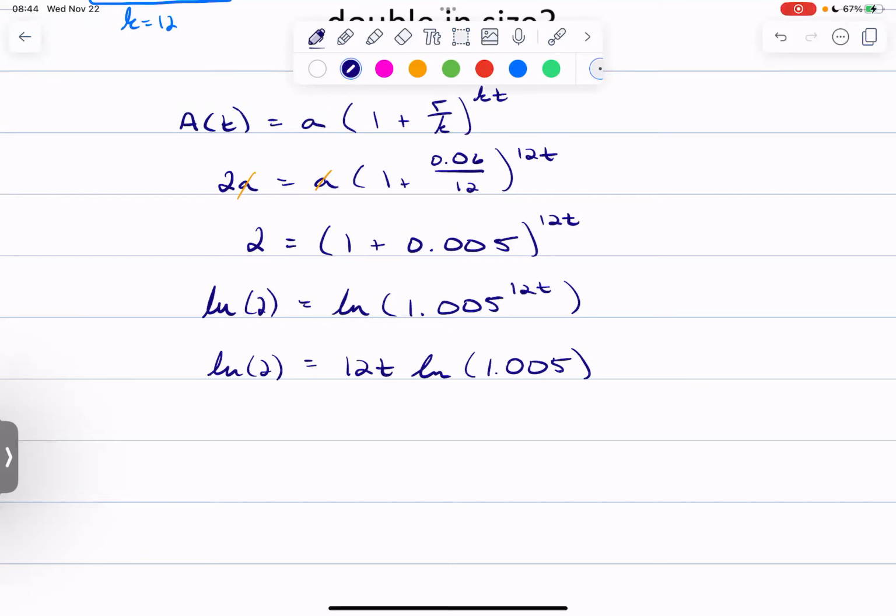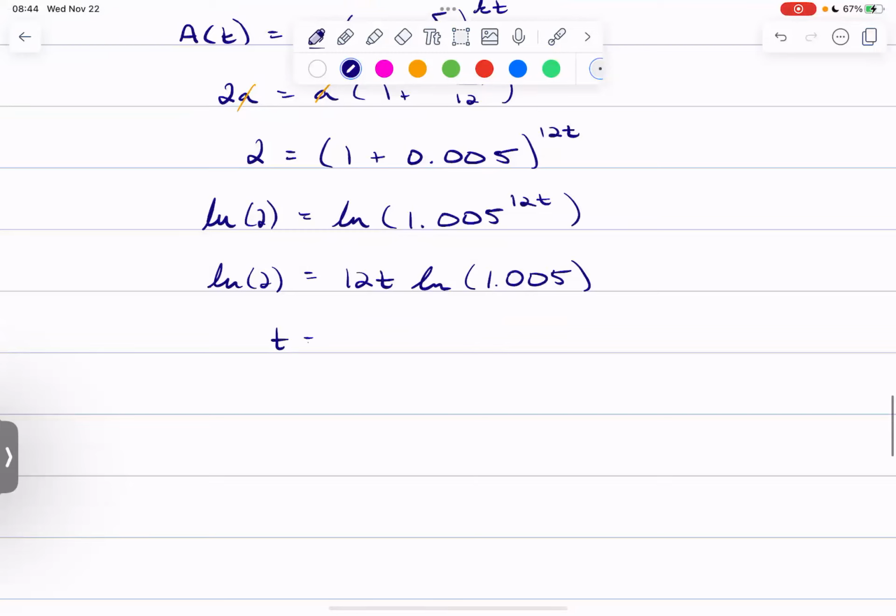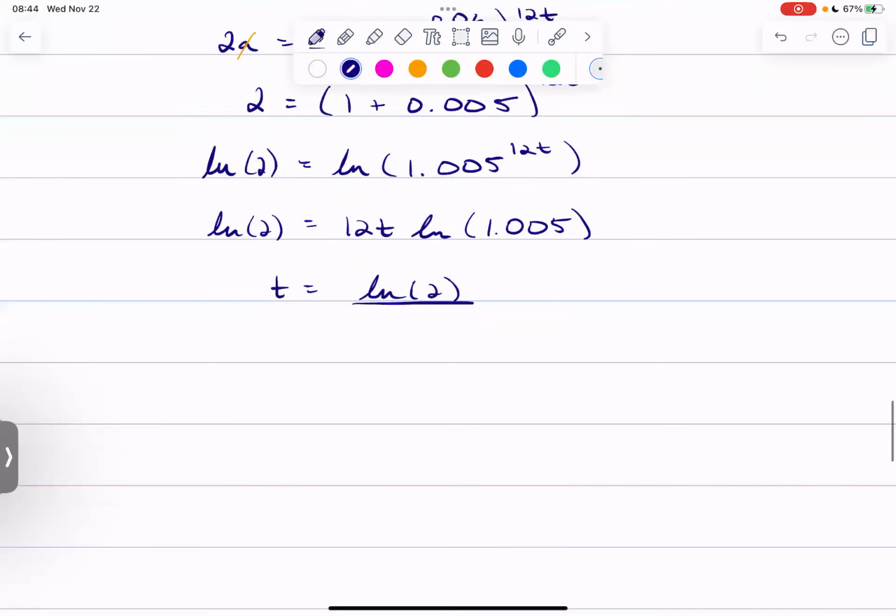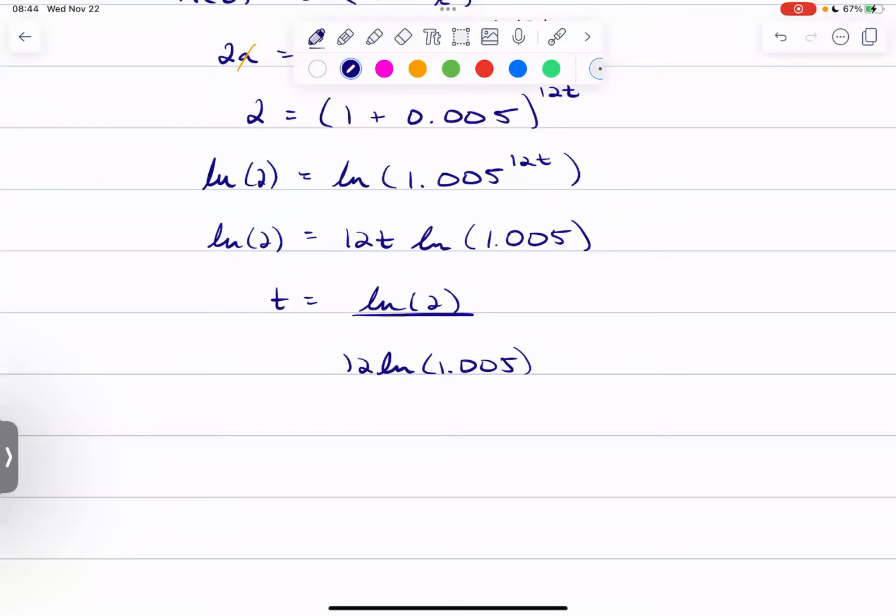Solving for t, I can divide all those things over, but then I like to have it on the left. So then I have the log of 2 over 12 times the log of 1.005. This is the change of base formula, right?